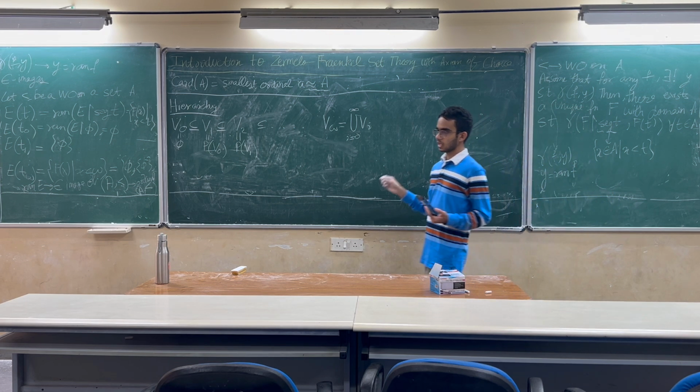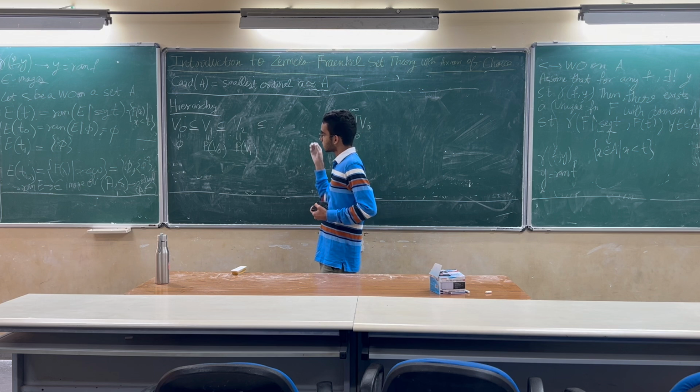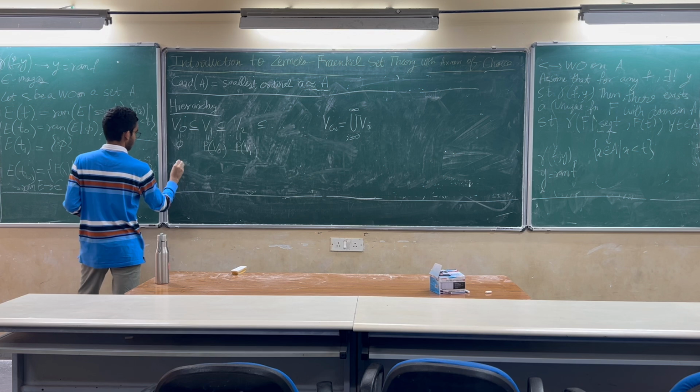So given any set X, we need to have some V alpha such that X is contained in that V alpha. So there is this notion of a set being grounded.